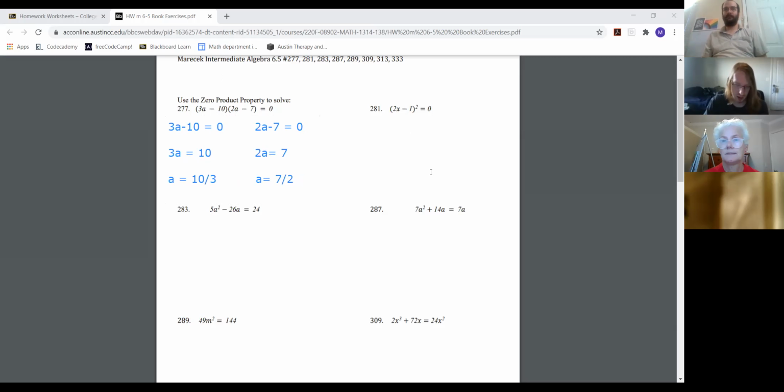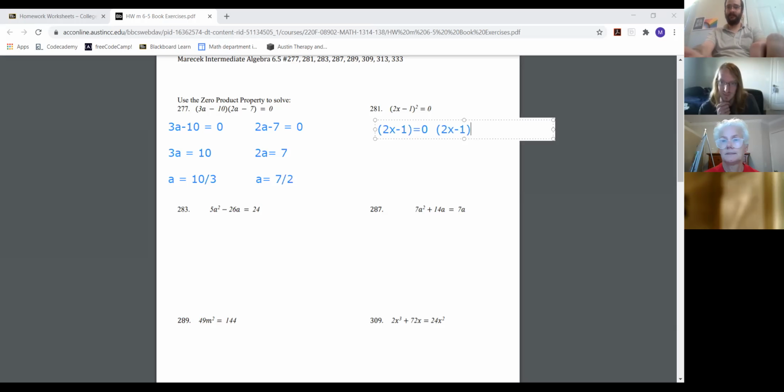Yeah, I wrote out the 2x minus 1 twice. Yeah, you can do that. Not strictly necessary for this particular one, but it's a good mental image to keep. It might help you visualize it. Equals 0. I don't want to write that out twice again.